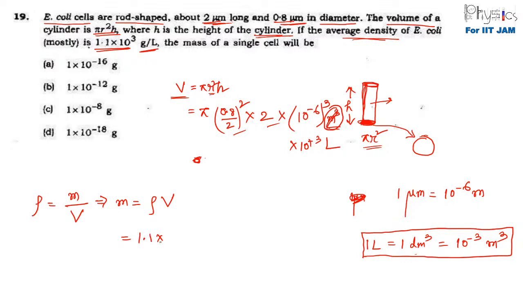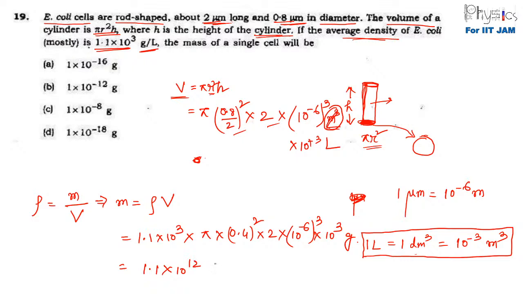That is 1.1 times 10 to the power 3 times V, means pi times 0.852, that is 0.4 square, times 2 times 10 to the power minus 6 cube times 10 to the power 3 gram, right? So if we calculate it, it would give us 1.1 times 10 to the power 12 gram.